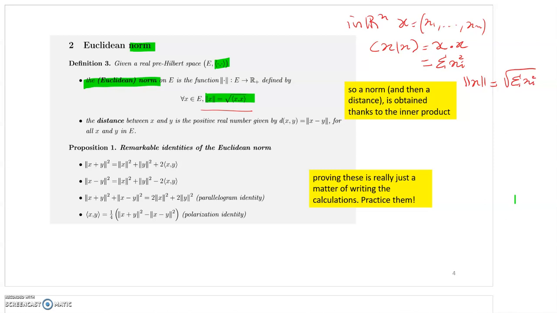Okay, you already know about this, at least in dimensions 2 and 3. And so now the distance between two vectors, two items of our vector space, is just going to be the norm of x minus y.